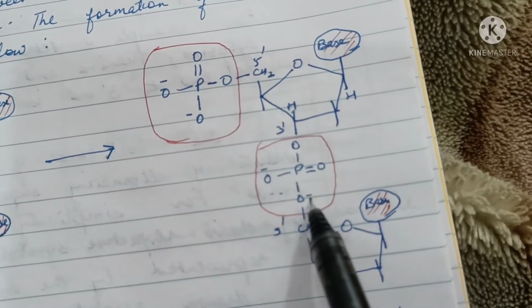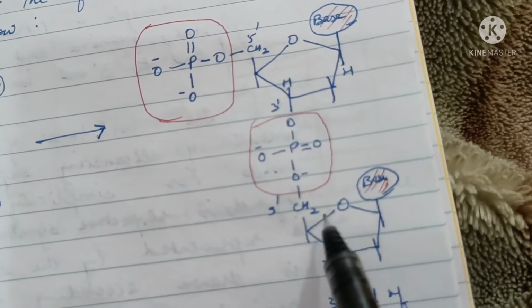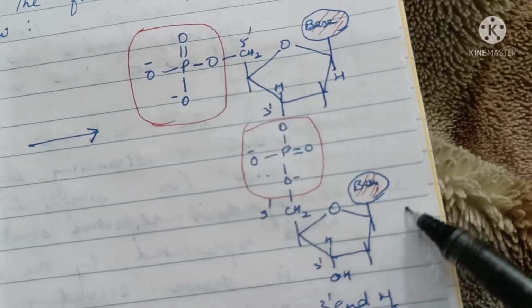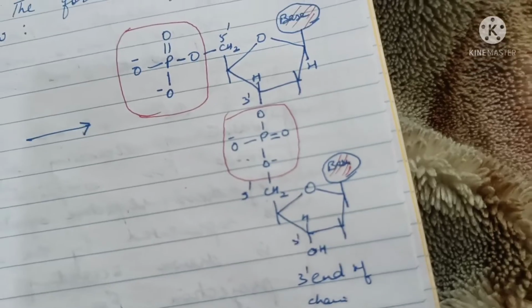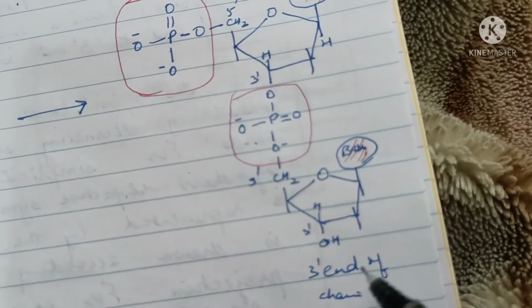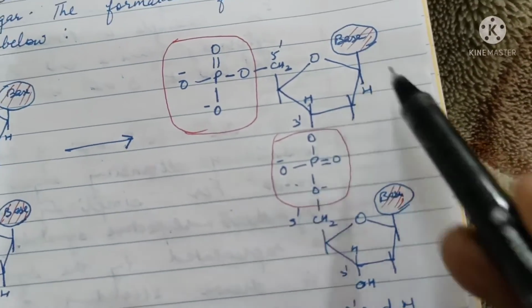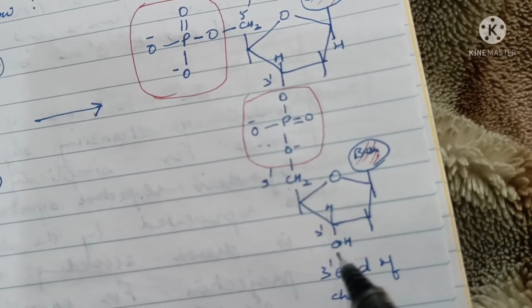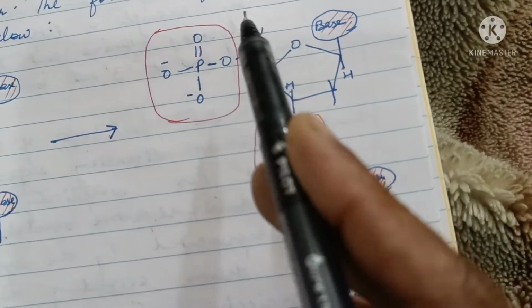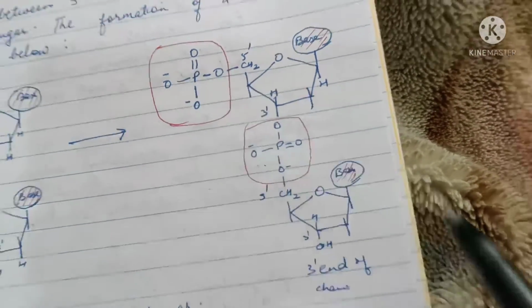The phosphate is further attached to the 5 end of another sugar molecule. On the side, it is attached to a base. This will again get attached to another sugar phosphate molecule. So this is a dinucleotide. The free end is 3 prime, which is free here, and 5 prime is attached here.